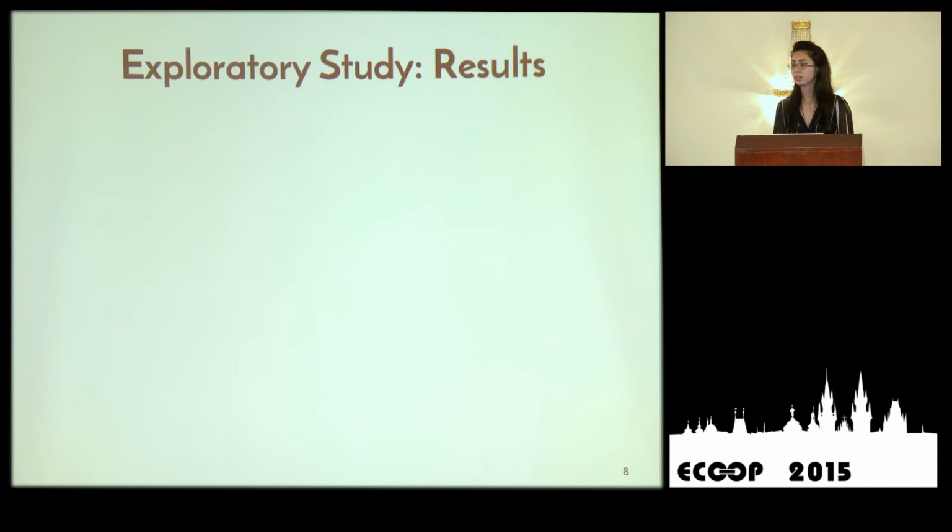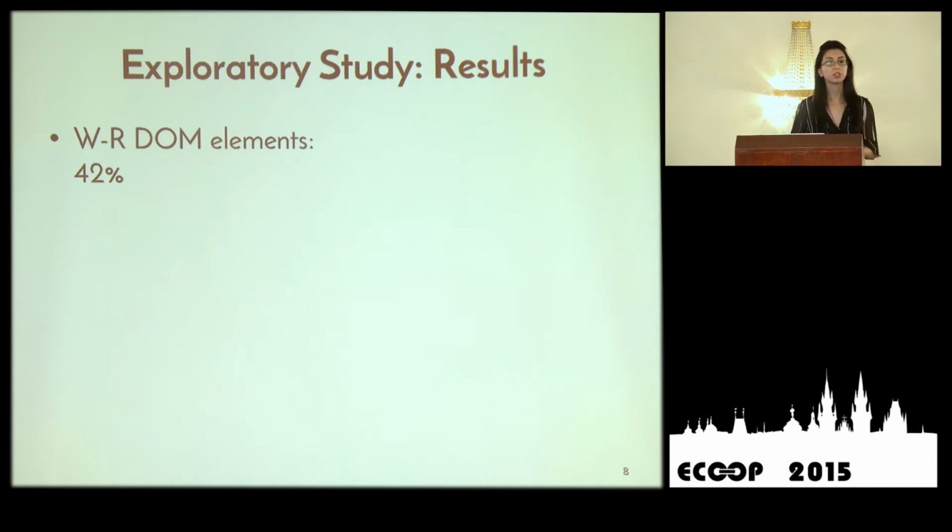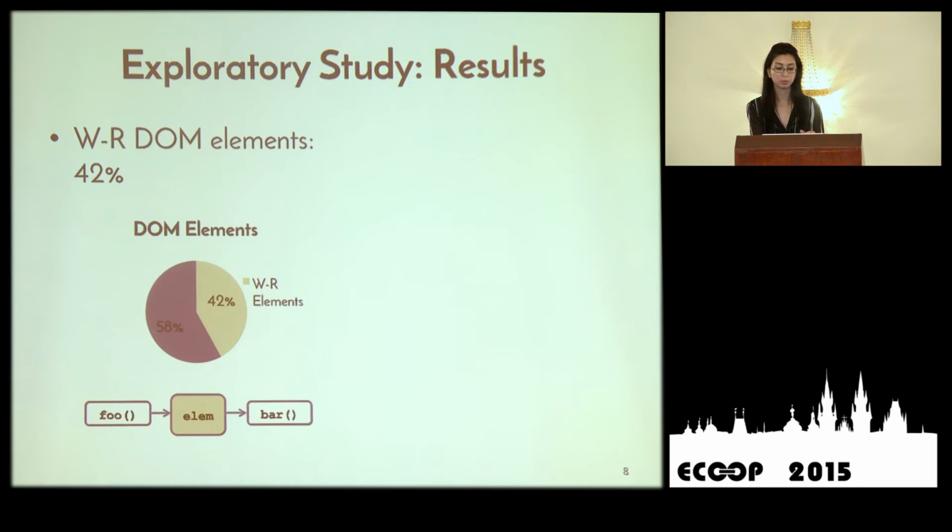The results of our study showed that 42% of the DOM elements that were involved in the analysis could potentially serve as media for transferring the impact between JavaScript functions. So this means that a DOM element was written to by a JavaScript function first and read by a JavaScript function later and could transfer data.